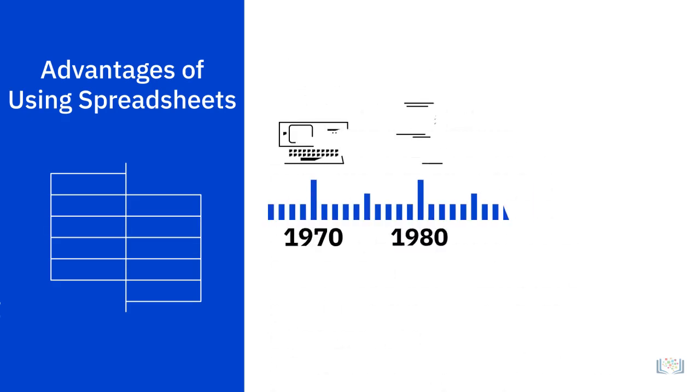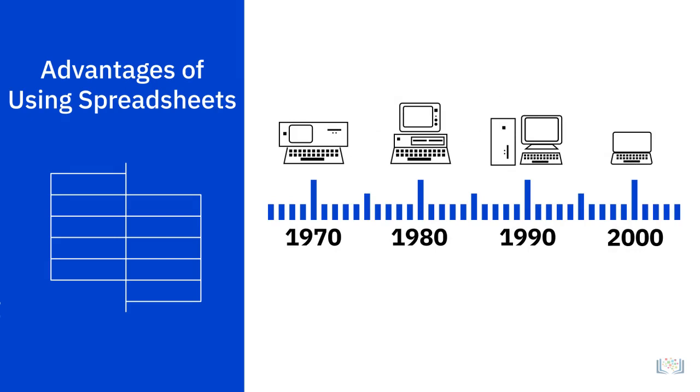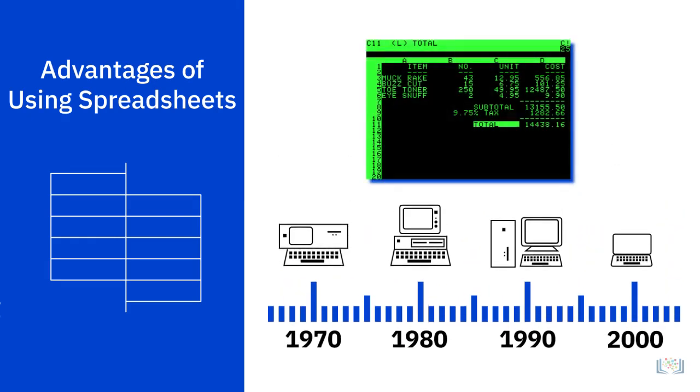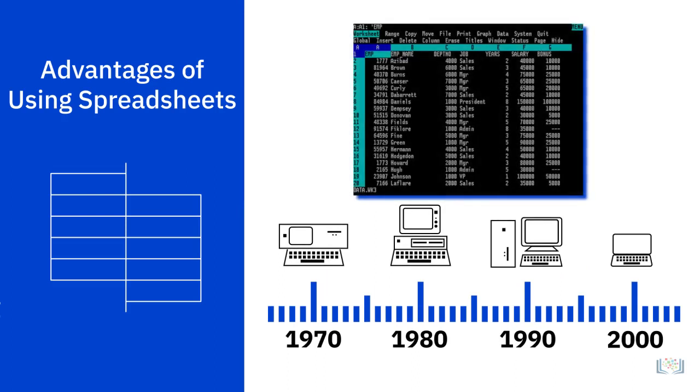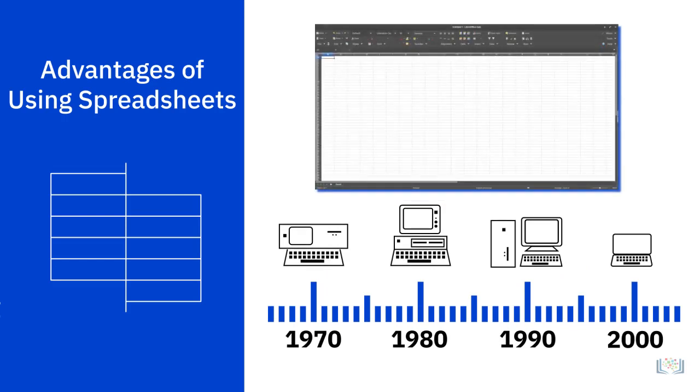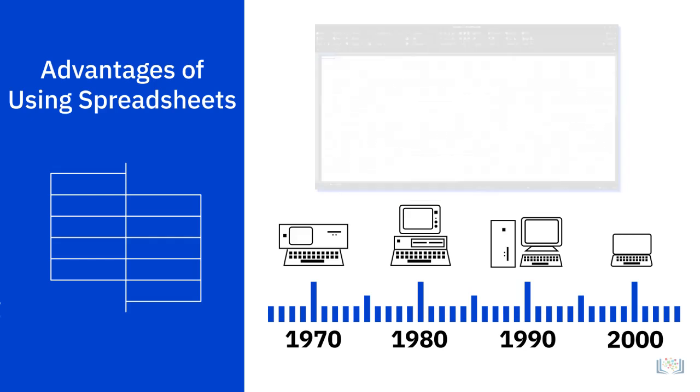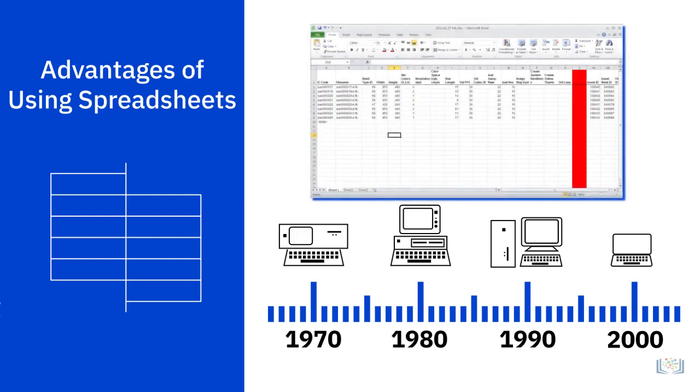Since spreadsheet software for personal computers first appeared on the market in the 1970s with VisiCalc on the Apple II PC, spreadsheets have come a long way in terms of the capabilities and features they now offer businesses. From uncomplicated tables and relatively simple computations to powerful tools for analysis, management, and visualization of enormous sets of data.